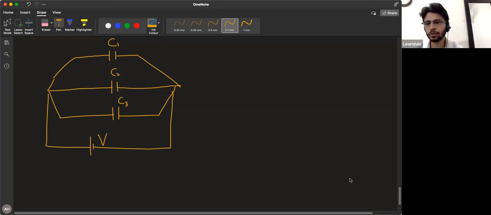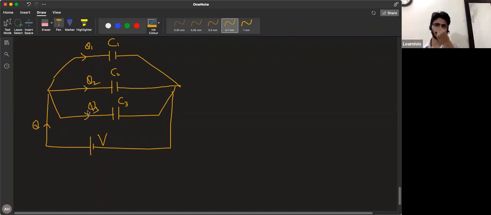Can you tell me, Mazia, charge will remain same or charge will divide in all of them? The charge in each capacitor will divide because it's a branching. So this charge is Q, this divides into three parts: Q1, Q2, Q3.